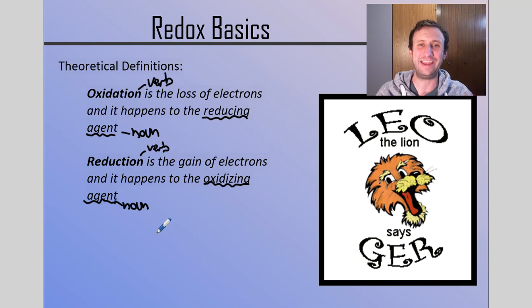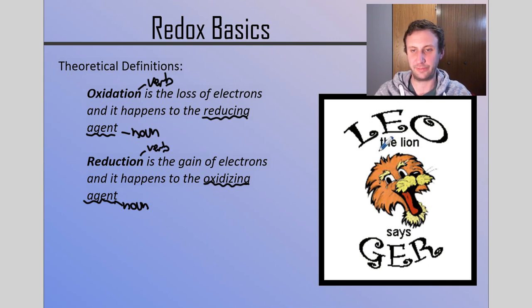You become the agent for my giving. In the same way, in order for you to take, I am the agent for your taking because I am providing the toilet paper. So when we talk about the agent, we're talking about the chemicals. When we're talking about oxidation and reduction, we're talking about the processes that are happening. So oxidation is like giving and reduction is like taking.